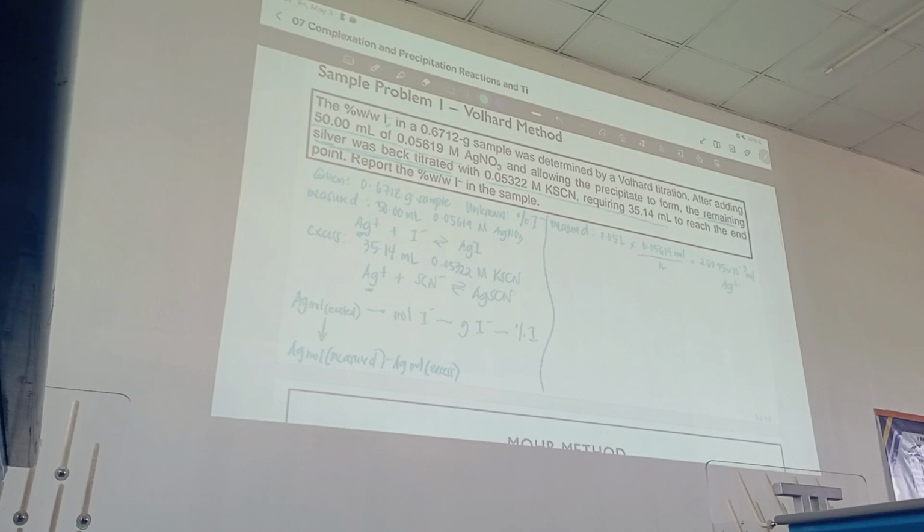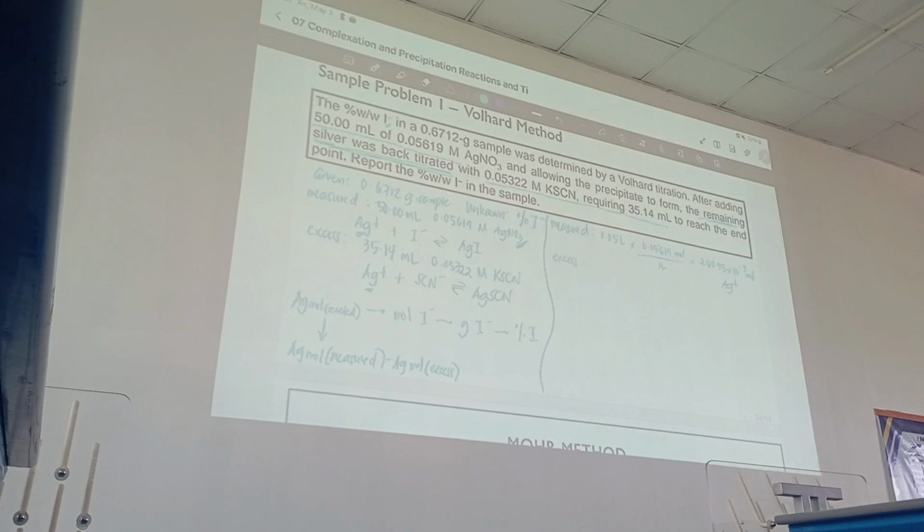Diba? Ito sa Ag plus. Ag plus na ang focus natin. I-check sa calculator. Sakto? Okay. Next, excess.